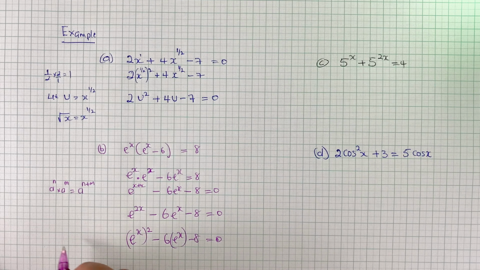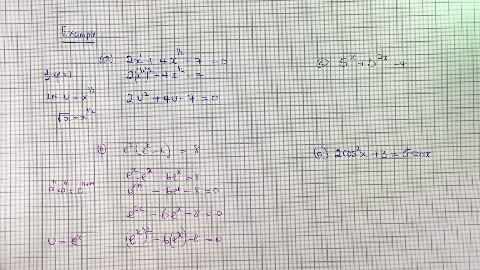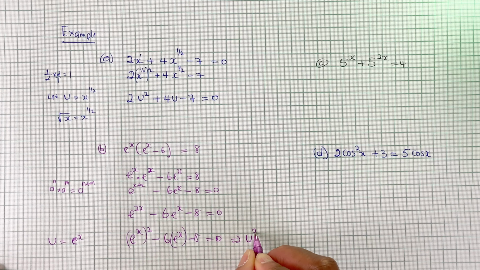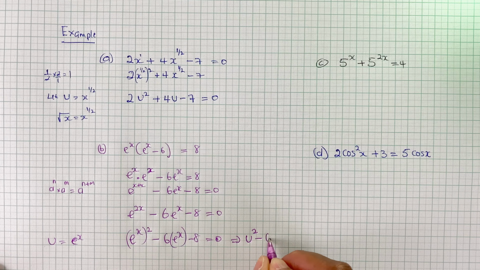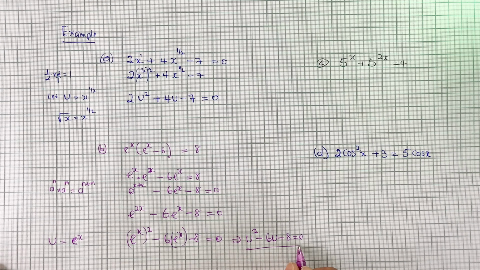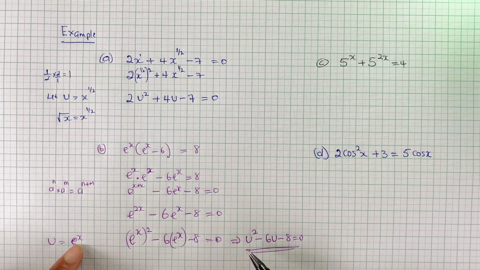So now we can let u equals e^x, which implies that you're going to get u squared minus 6u minus 8 equal to 0. So that looks like a quadratic that we can solve. And then once we find u, we can replace it with e^x.